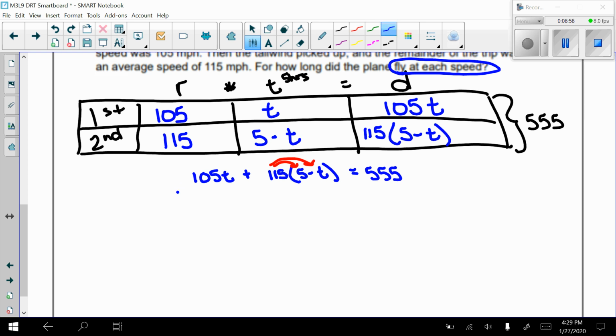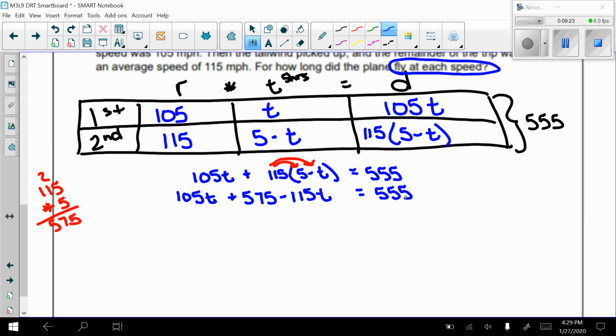So I have the 105t. I have 115 times 5. 5, carry my 2, 7, 575 minus 115t. And all that equals 555.